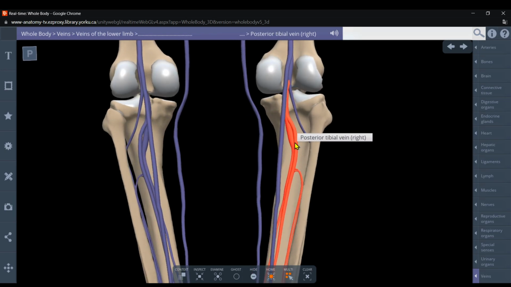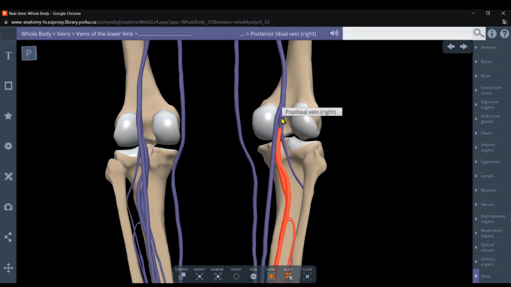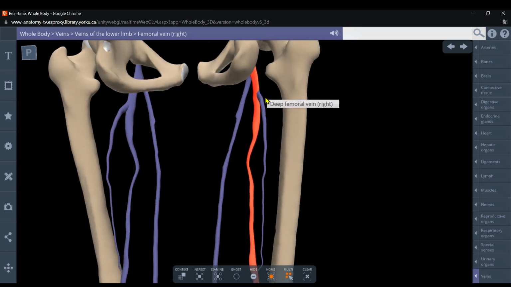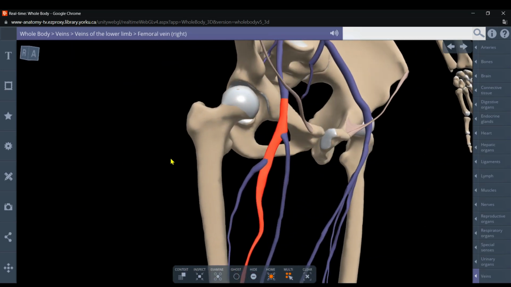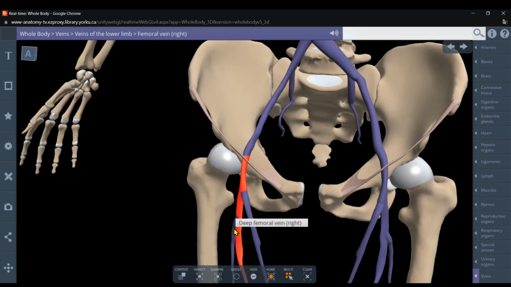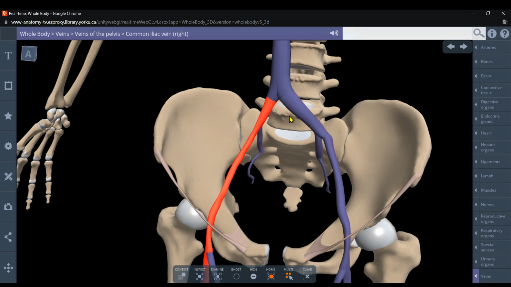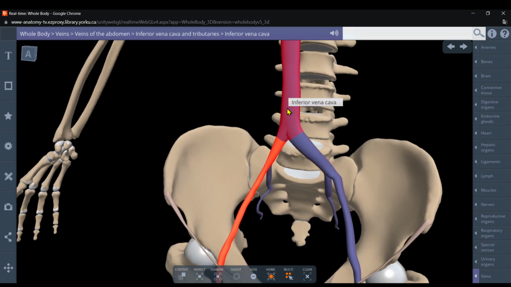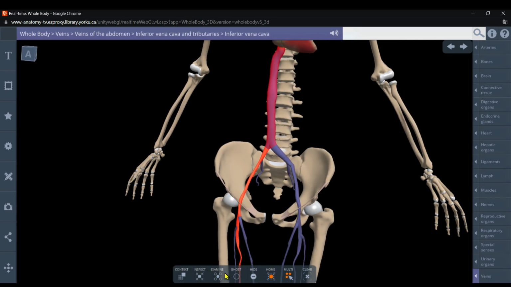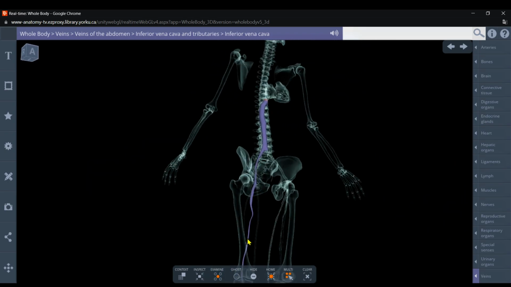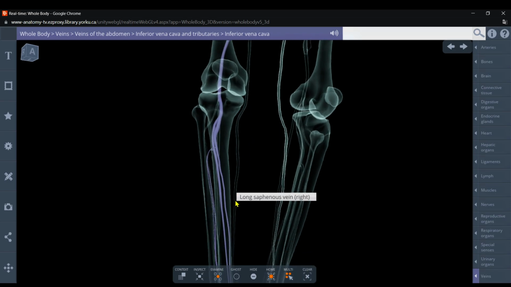And then the posterior tibial vein again into the popliteal vein to the femoral vein, crosses anteriorly underneath the inguinal ligament, then external iliac, then common iliac, and then inferior vena cava, and then back to the heart.